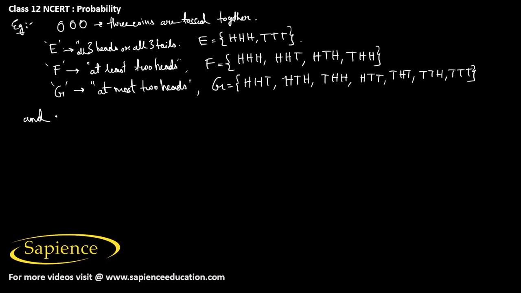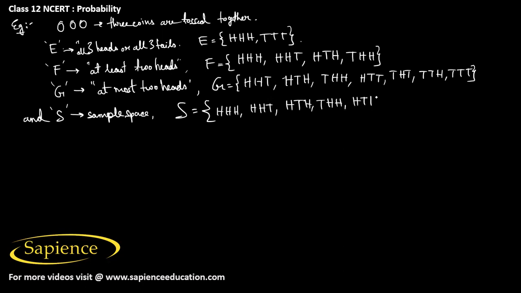And S, the sample space, contains all the outcomes of this experiment. So S will contain HHH, HHT, HTH, THH, HTT, THT, TTH, and TTT. So these are the 8 outcomes it will have.